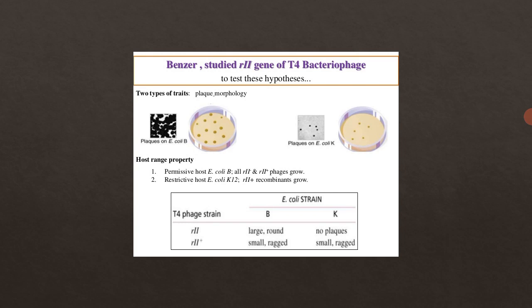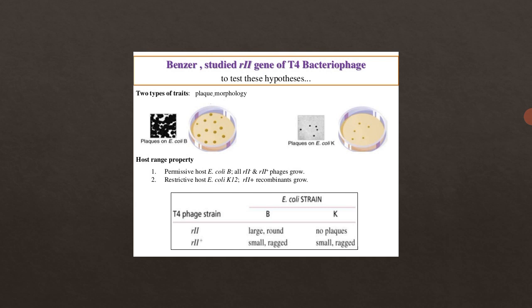He used two types of culture of E. coli as a host for this bacteriophage, and he inoculated the bacteriophage on both of the plates. Now what happened: you can see different kinds of morphology in both the plates.